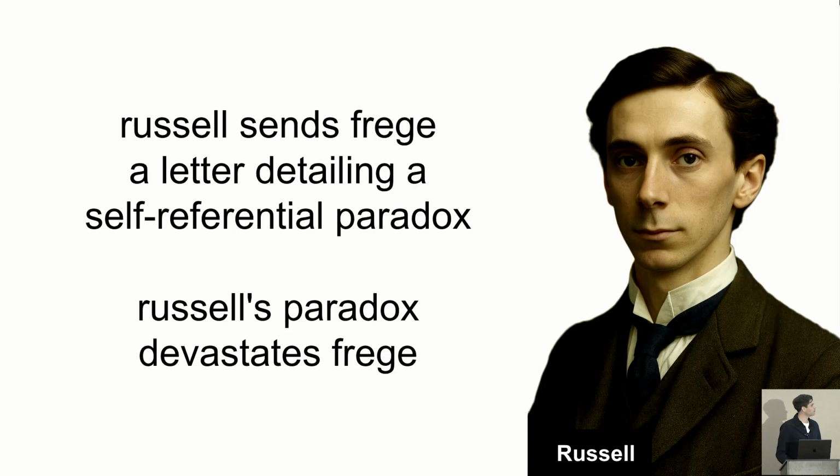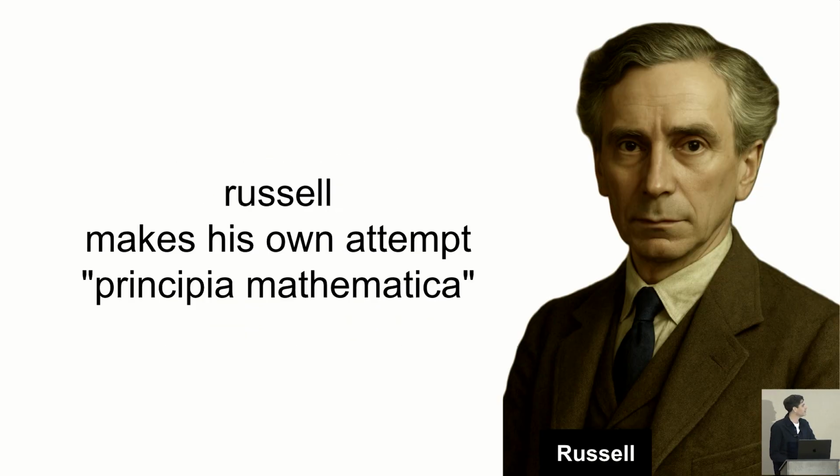So he started publishing some works, and unfortunately, a young man by the name of Russell sent Frege a letter detailing a self-referential paradox. You guys probably know this paradox. You've probably seen it before. And this devastated Frege. But Russell himself said, I'll crack at it. And along with his friend Whitehead, they put out a work called the Principia.